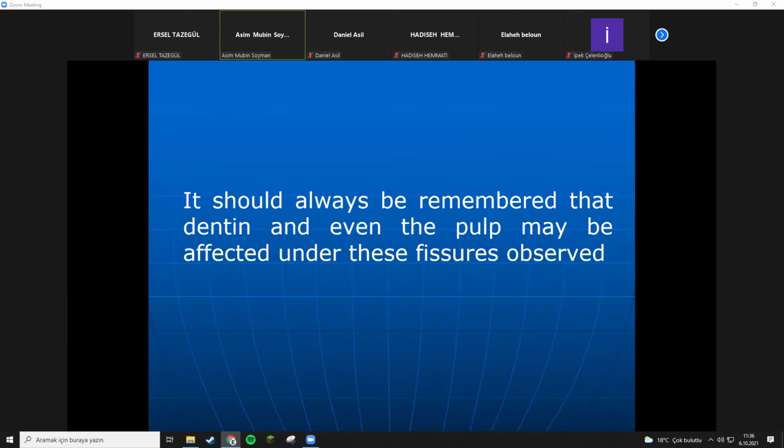When you see a fissure which shows a gray tone, you should understand there might be a beginning of dental enamel caries in the deeper side of the fissure, because generally fissures show a normal enamel color, not chalky, not gray, not darkish, not brown and black.